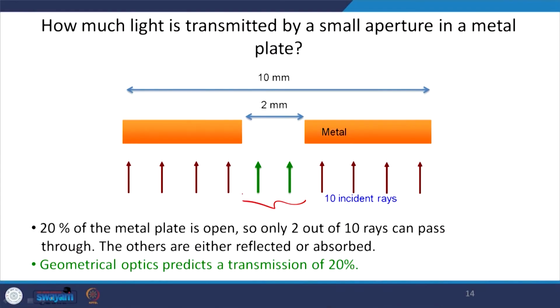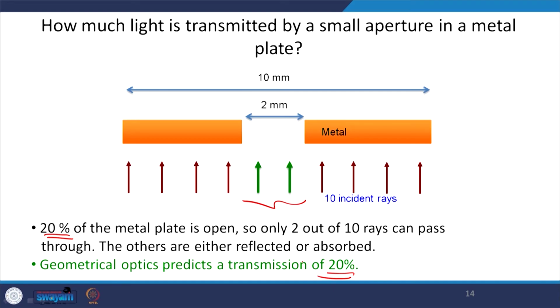Suppose I have a big metal plate of 10 millimeters and a 2 millimeter hole in it, and if I send 10 rays, only these 2 will pass and the others will be blocked. It is very simple, right. Only 20% of the metal plate is open, 2 out of 10, so only 20% will be transmission, that is what geometrical optics predicts.